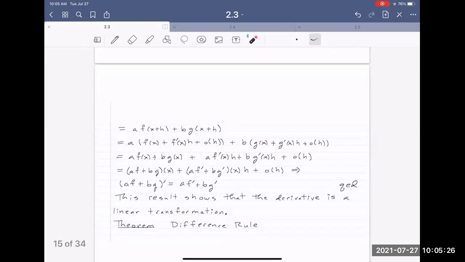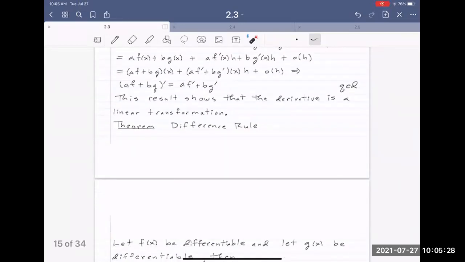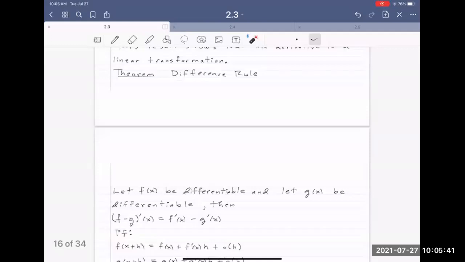Okay. This result shows that the derivative is a linear transformation. Let's do the following theorem.